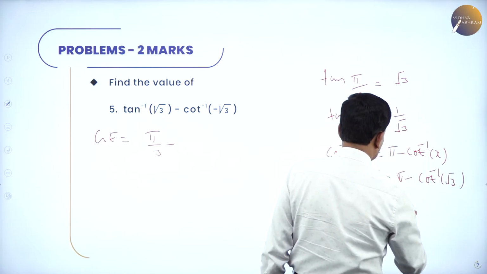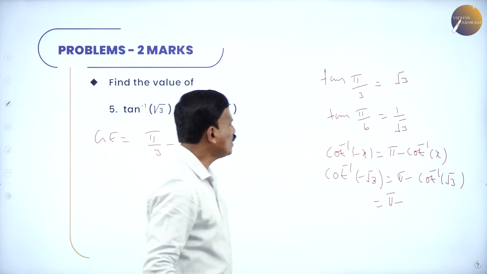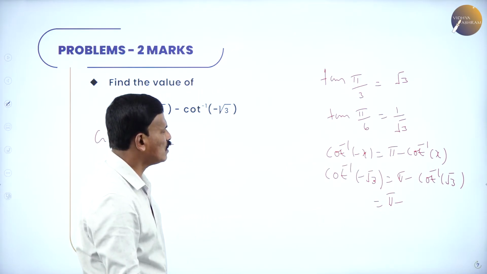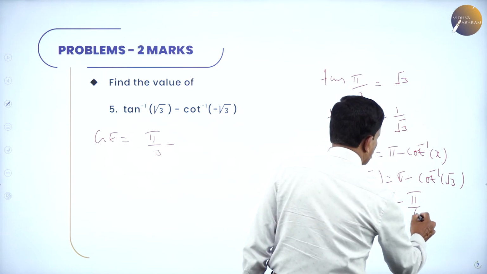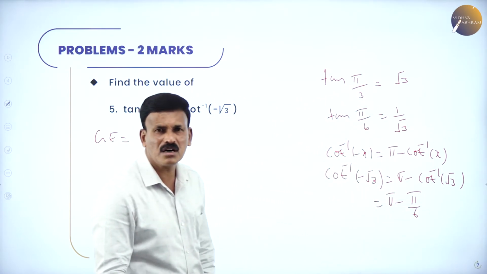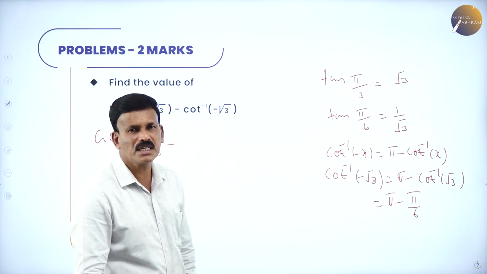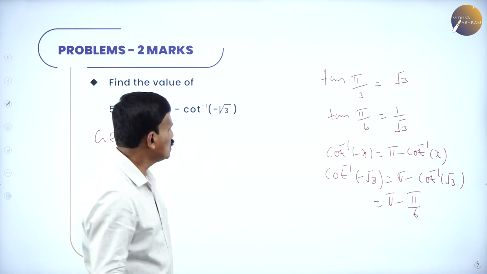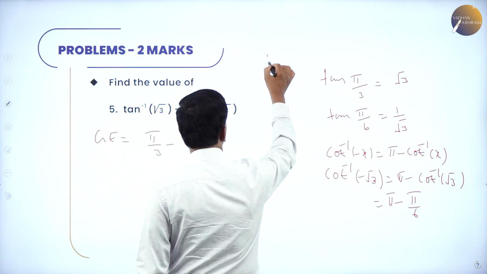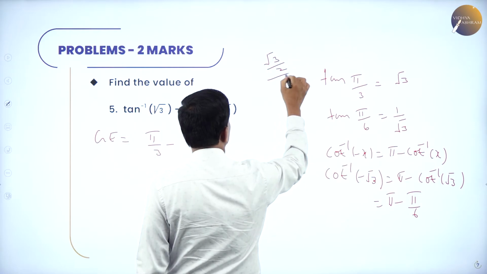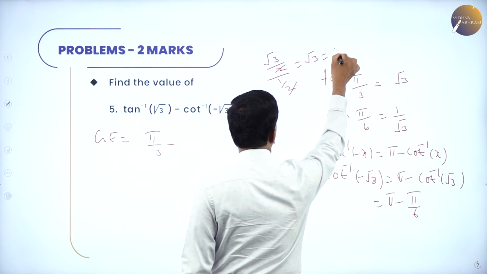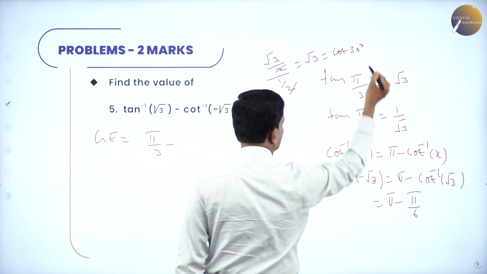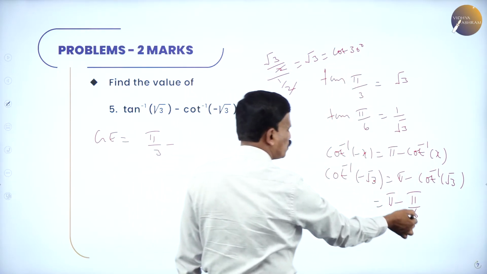Now this is equal to pi minus, what is the value of cot inverse of root 3? Cot inverse of root 3 is nothing but pi by 6, because cot of 30 degrees, cos 30 is root 3 by 2, sin 30 is 1 by 2, which gets cancelled, giving root 3. This is equal to cot of 30 degrees, so cot inverse of root 3 is pi by 6.